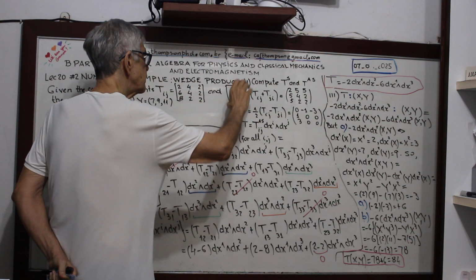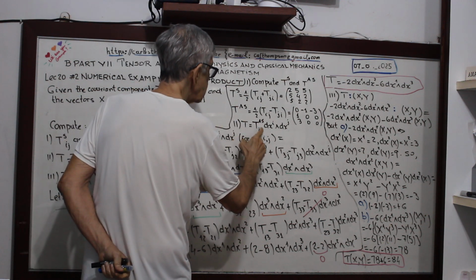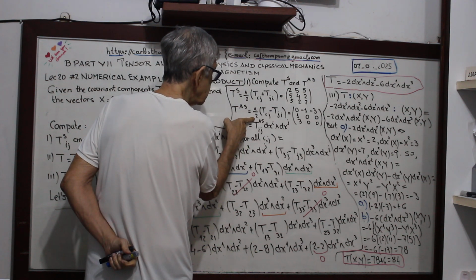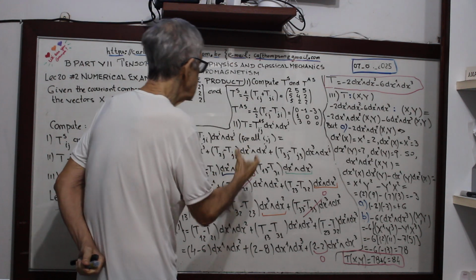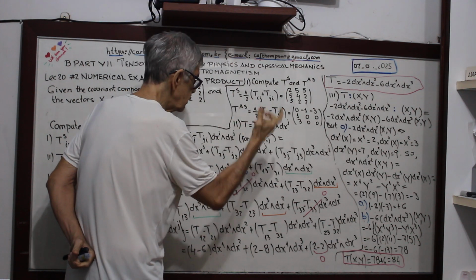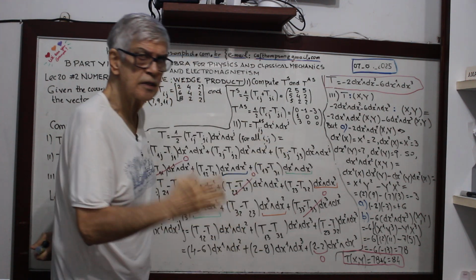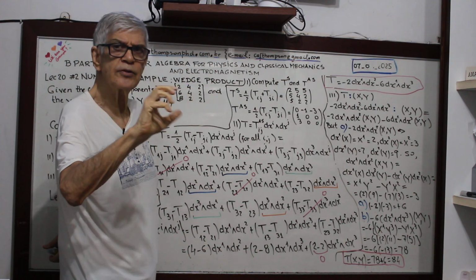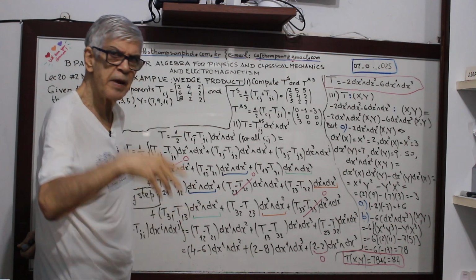So this is item 1. Item 2, let's develop this T_ij. There's only the antisymmetric part. Why? Because the symmetric part times dx^i dx^j is 0. Symmetric times antisymmetric is always 0, for any matrix.